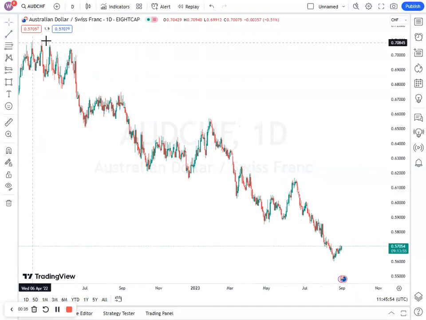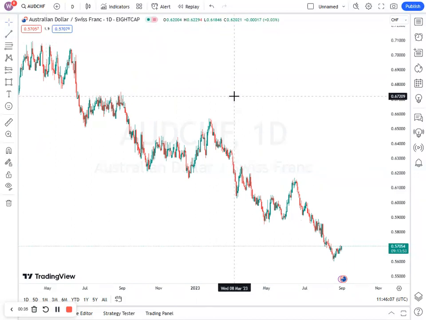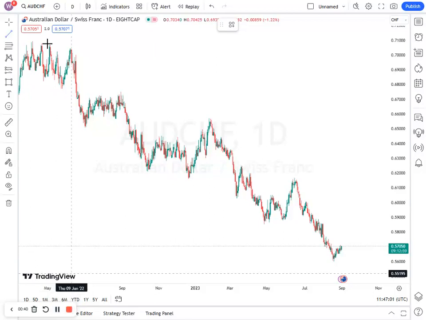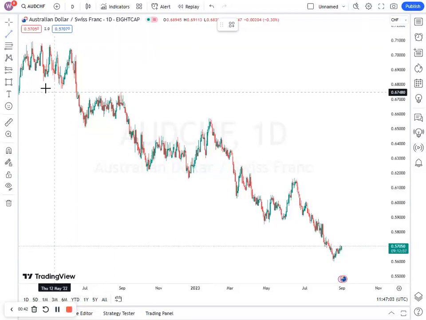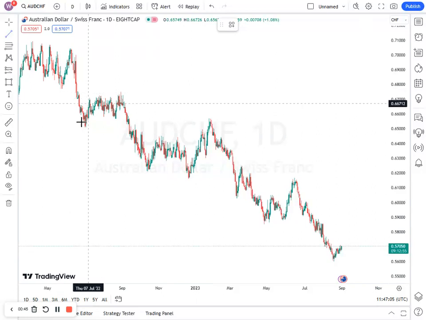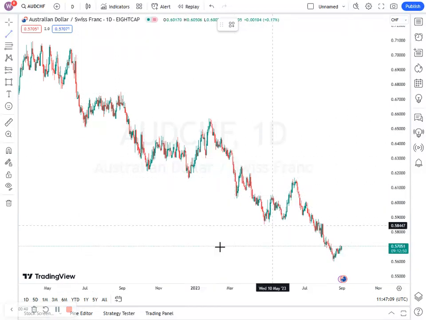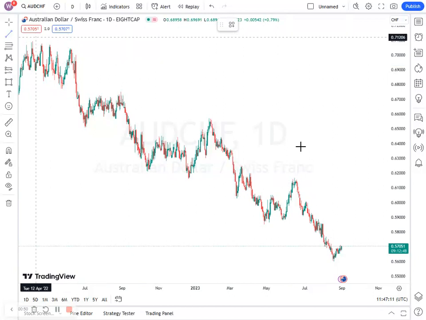Before you take any decision, you need to know the overall direction. You can see that this pair is making lower lows, lower lows, and this pair has been dropping.